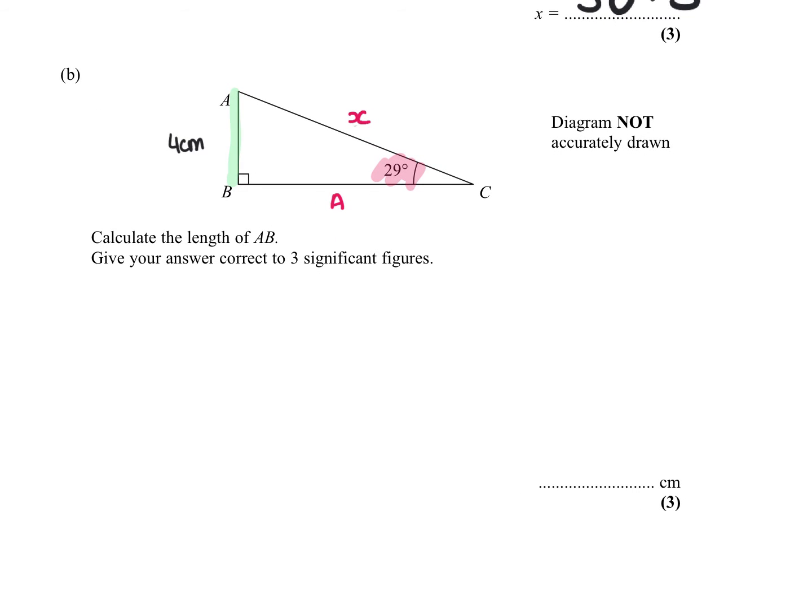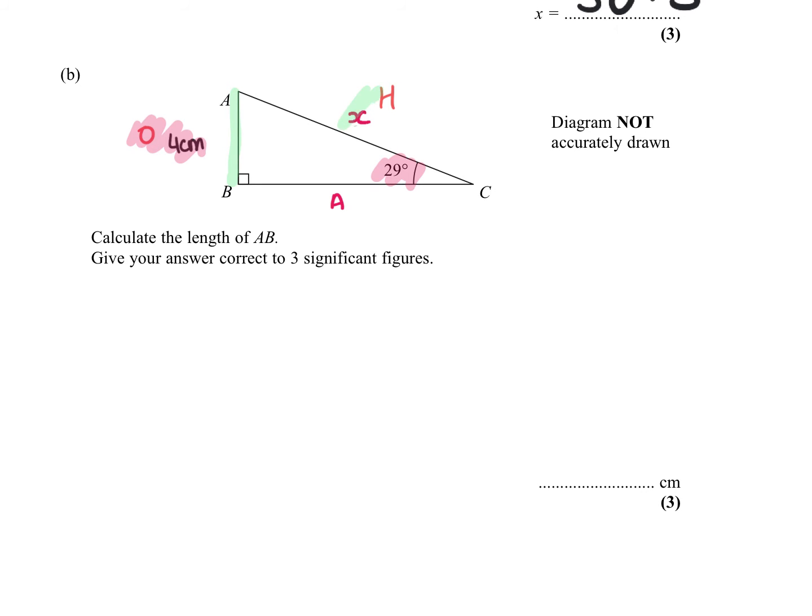Off we go. So for this one, what do we do? We highlight what we have. Oh, sorry. Before we highlight, let's label. So we have opposite, hypotenuse, adjacent. Okay, so we're now going to highlight what we have. We have O, we have the angle.